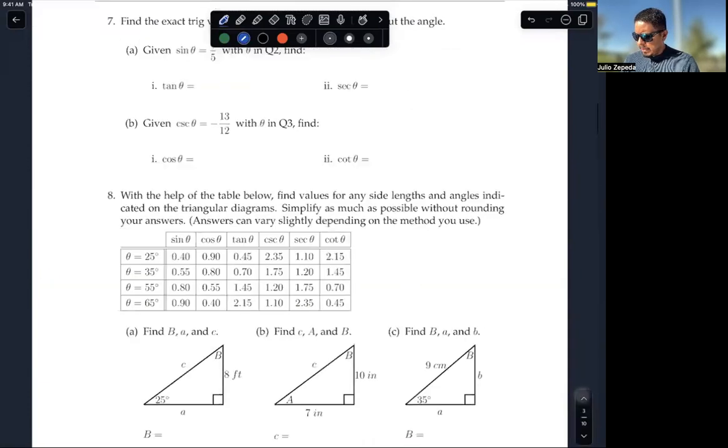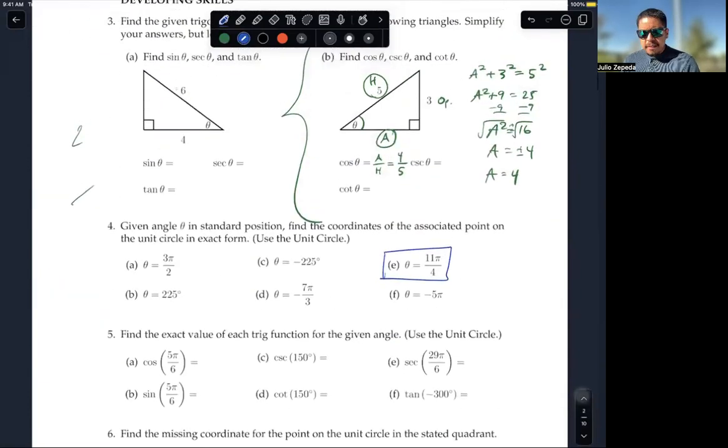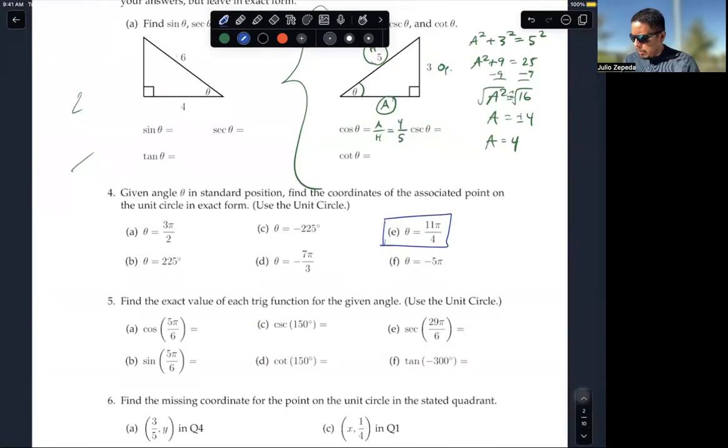So remember that the unit circle only goes from 0 degrees to 360 degrees, or 0 radians to 2 pi radians. If we take a look at 11 pi over 4, if we divide 11 by 4, 4 goes into 11 2 times. 2 times 4 is 8, and then there's a remainder of 3.